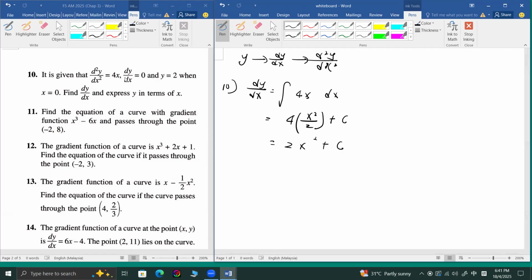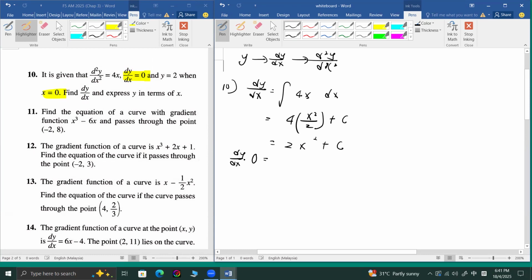So class, can I see dy/dx is 0? So when dy/dx is 0 and x is 0, here we choose these two to get c.